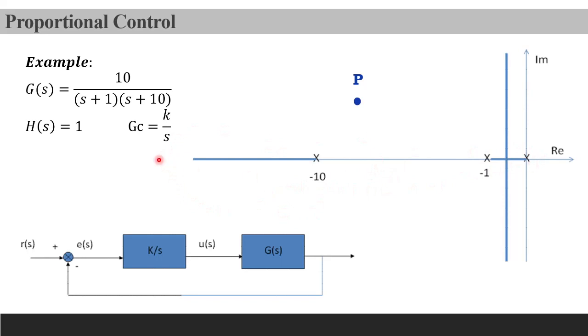If you add this k upon s, the root locus changes. That is a good indication that if you change the controller function Gc, you can manipulate the root locus. But the problem is still that it does not pass through our point P.